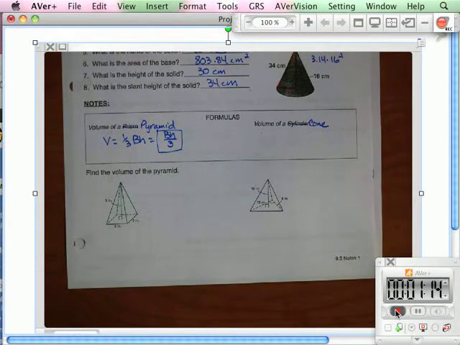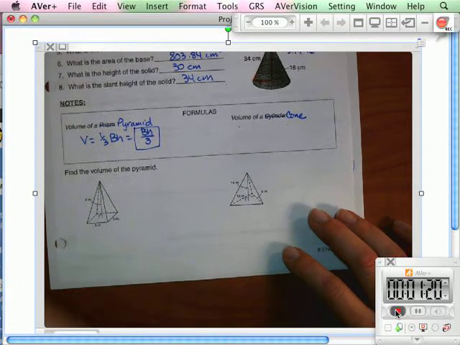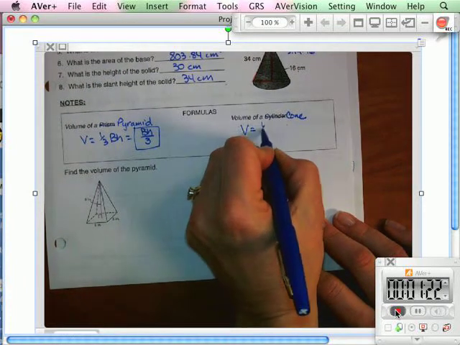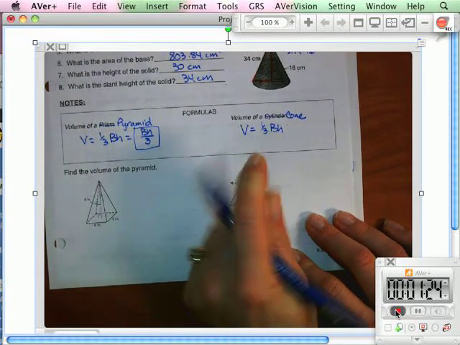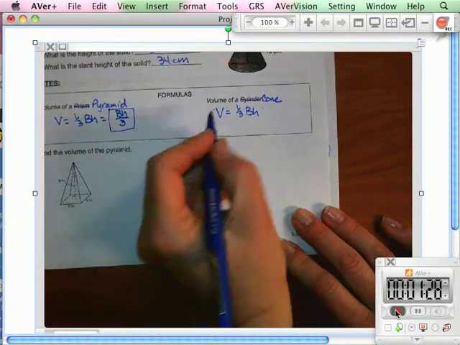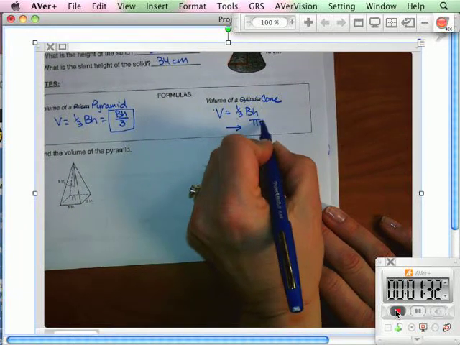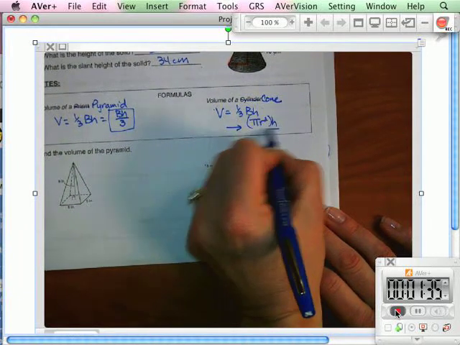Okay, it's the same with a cone. Its volume equals 1/3 base times height, except of course the base is going to be a circle. So on your green sheet, I would write it like this: pi r squared h divided by 3.